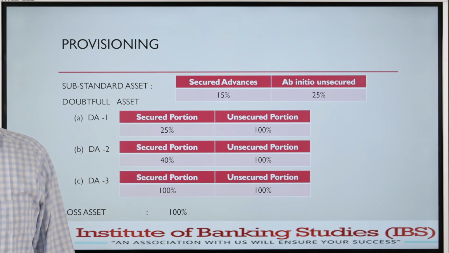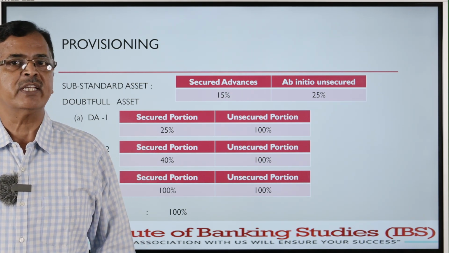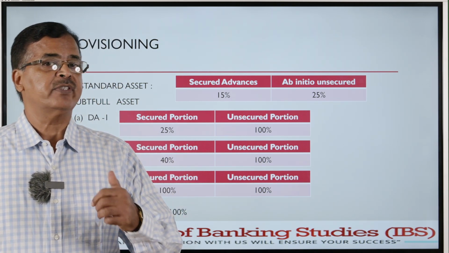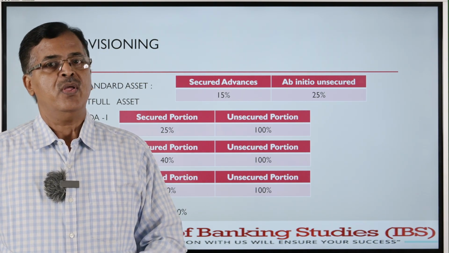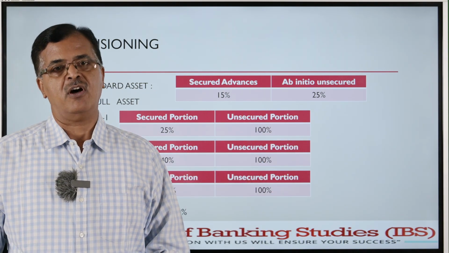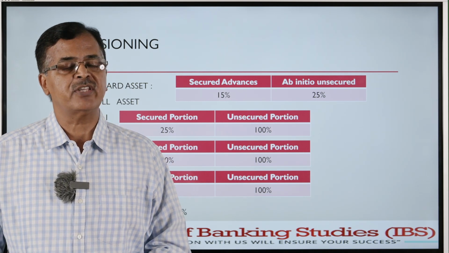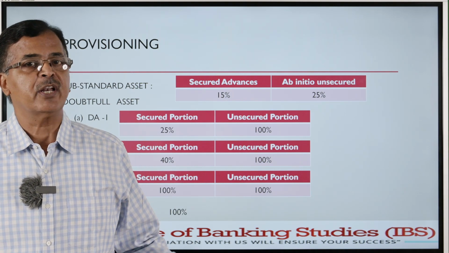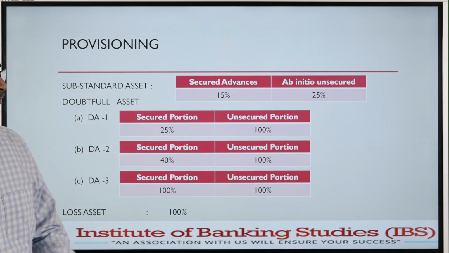If a bank has granted a loan for education purposes and the limit of the loan is below 4 lakhs, and suppose that particular education loan becomes a non-performing asset, for that account 25% provision is required as per these norms. Ab initio means at the time of sanction itself, if there is no primary or collateral security, then the provision requirement is 25%. Otherwise, only 15% is enough.